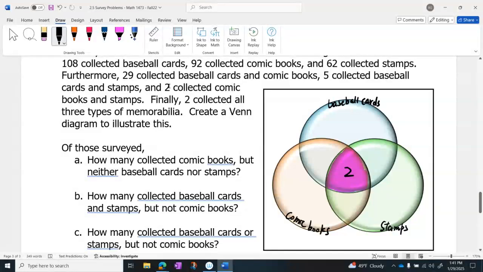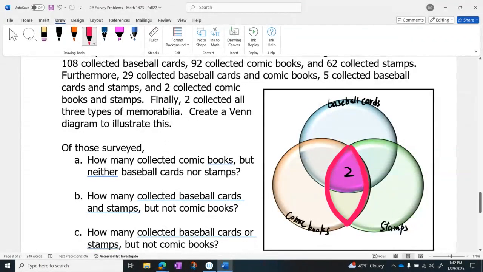Here it says 2 people collected comic books and stamps. Comic books, stamps, 2 people collected both of those 2. So this region I'm drawing, the football region, the overlapping part of the set of comic books and the set of stamps, is supposed to represent the collectors who collect both comic books and stamps, right?